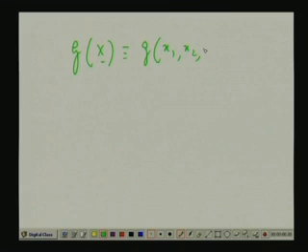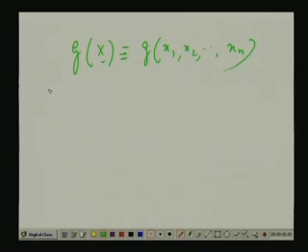Then again, suppose we have got a single function g of x, x is a vector. Basically, x means actually a function of n random variables x 1, x 2 dot dot dot x n. Okay.